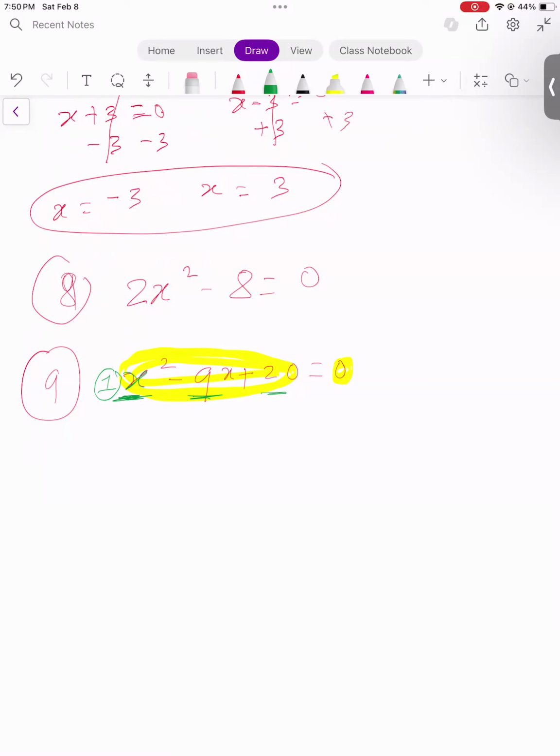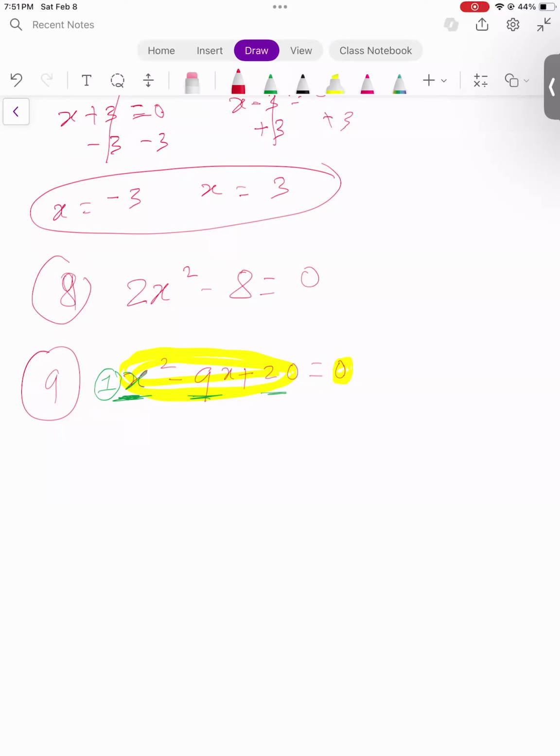Do you recall? Anyone? Can you guess what method we will be using to factorize this quadratic form with a coefficient of the square term 1? You can still use the AC method, but we do have something easier than the AC method.